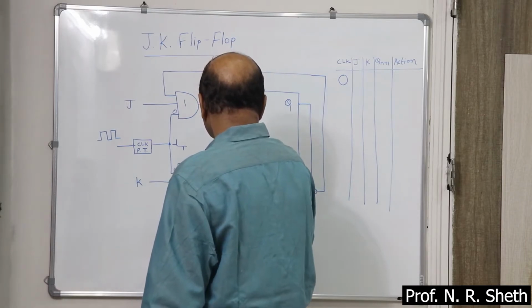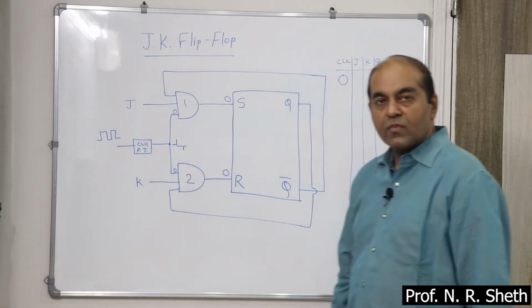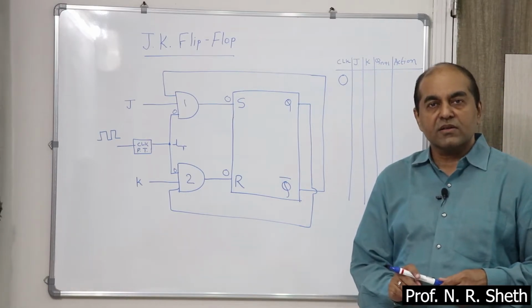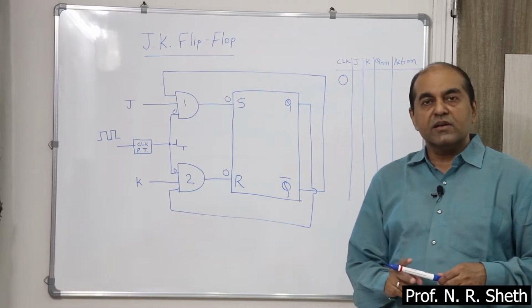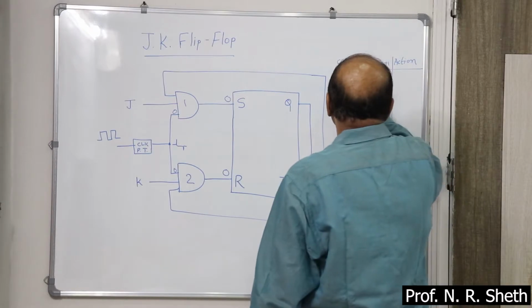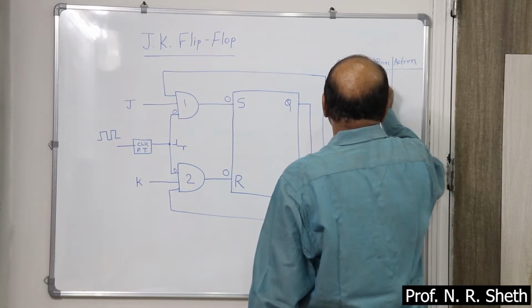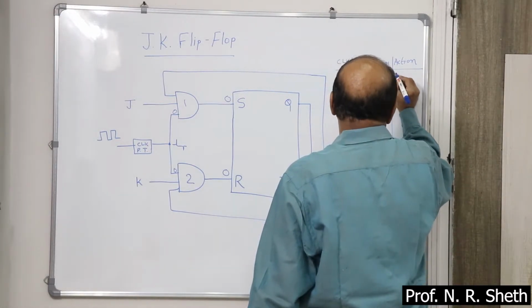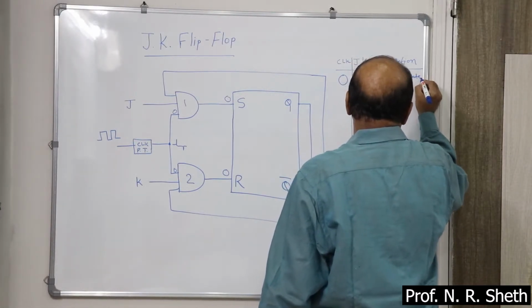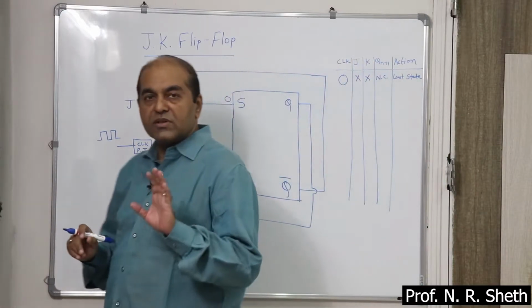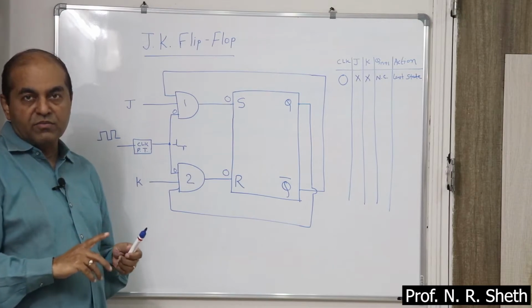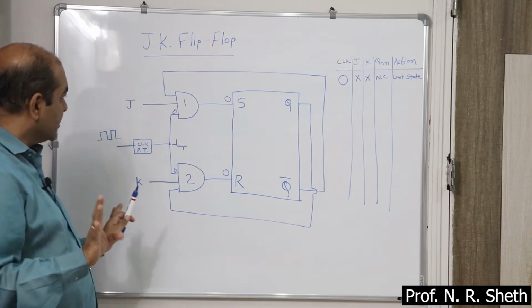So S is 0, R is 0. Remember, in the RS flip-flop, with S is 0 and R is 0, the circuit is in the previous state, the no change condition. So here we can say that there is no effect of the input. When the clock pulse is 0, the circuit retains the last state, the previous state. That's it.